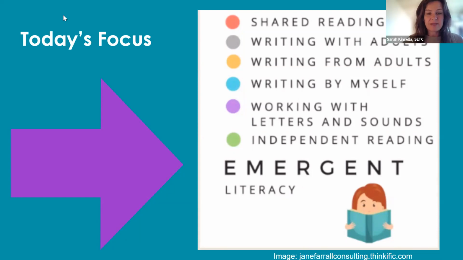We start as babies being emergent readers and writers, but depending on your experiences with literacy, that could be at any time. So keep in mind that if we have older students, maybe young adults, who are emergent readers and writers, we're thinking about age respectful content for them, but this may be where they're at.